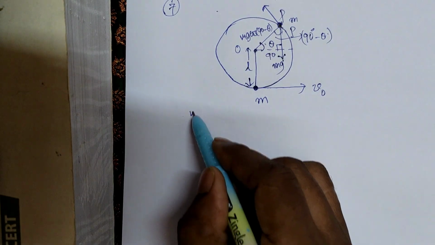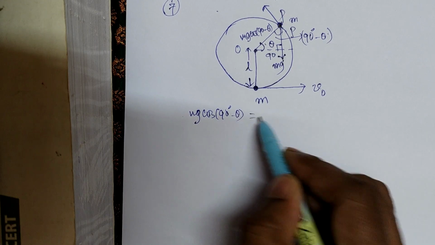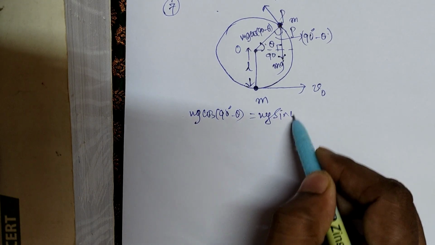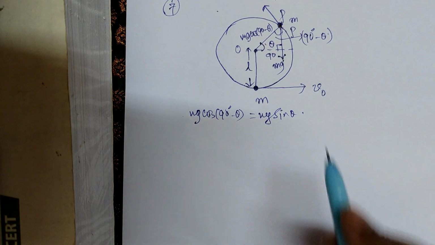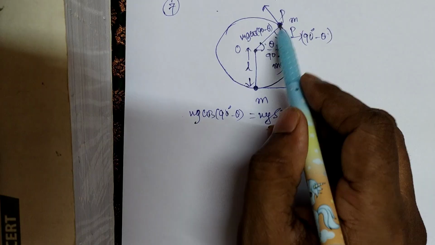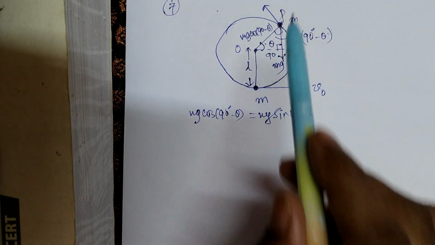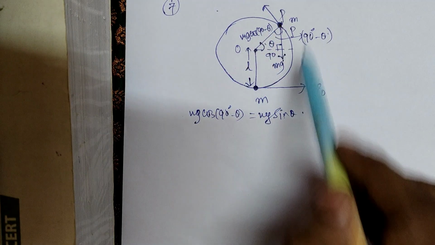Now mg cos(90 degrees minus theta) is equal to mg sin theta, right? So this component mg sin theta will provide the centripetal force for the movement in circular path.